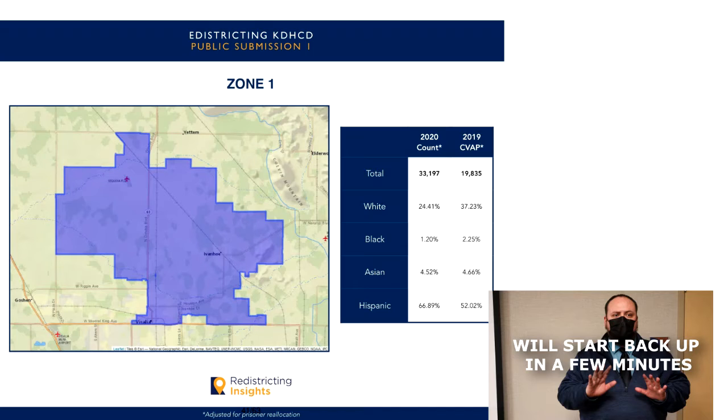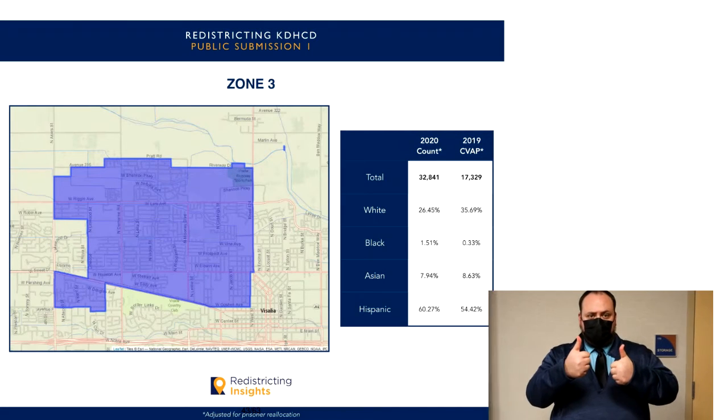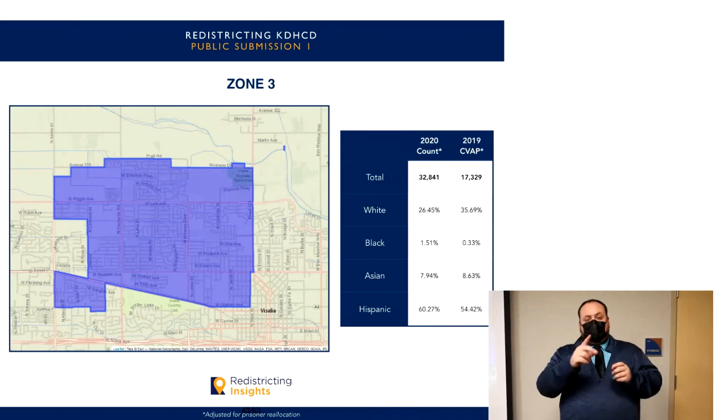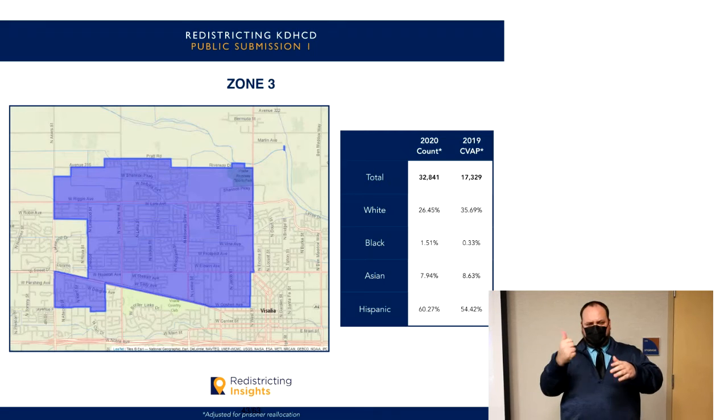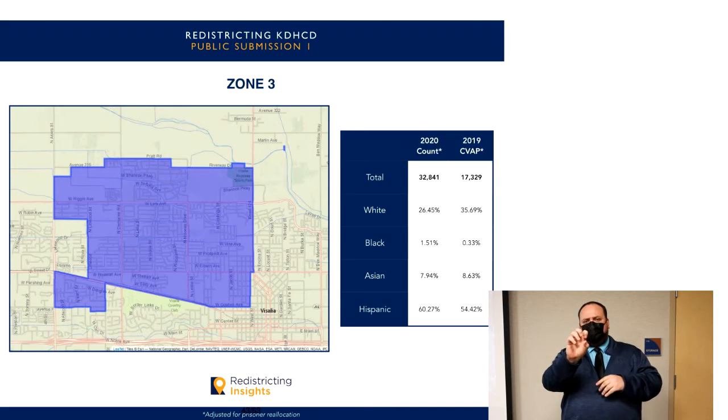And then this final district, District 3, labeled here, 0.84% under deviation, 54.42% Hispanic CVAP.